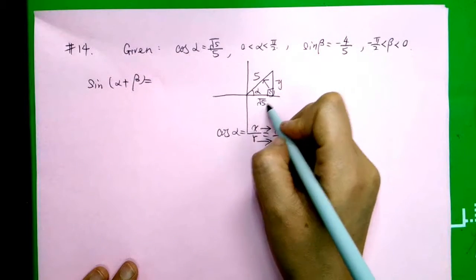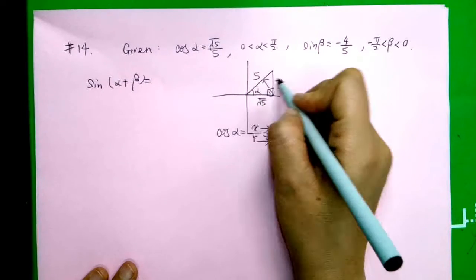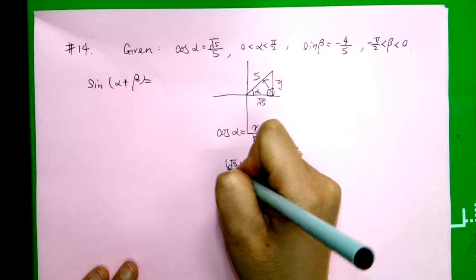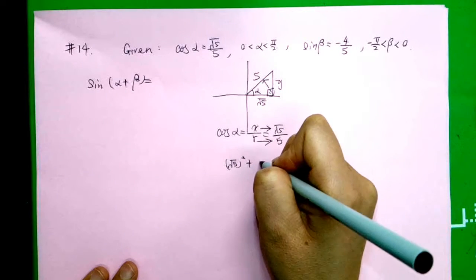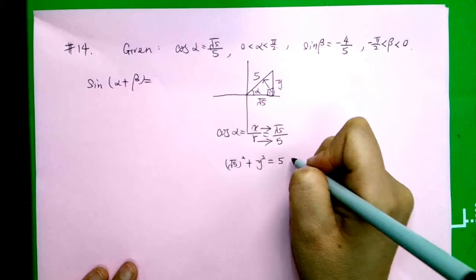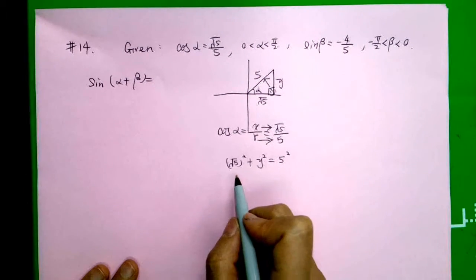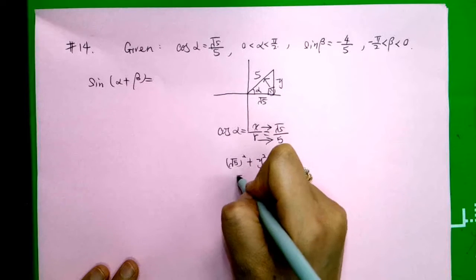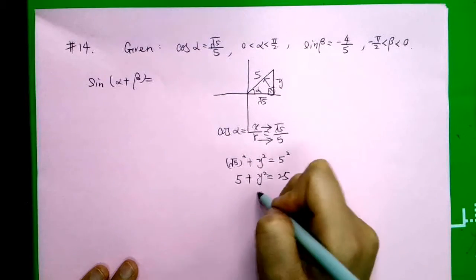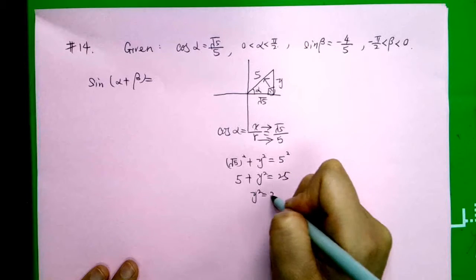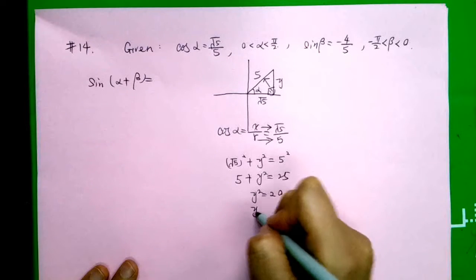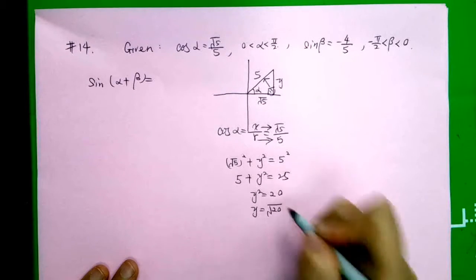So we can use a squared plus b squared equals c squared to find the y value. Your a squared will be radical 5 squared, b squared is y squared, and c squared is 5 squared. Radical 5 squared is 5, plus y squared equals 25. So y squared equals 20 because you subtract 5 from each side, and y equals the square root of 20.